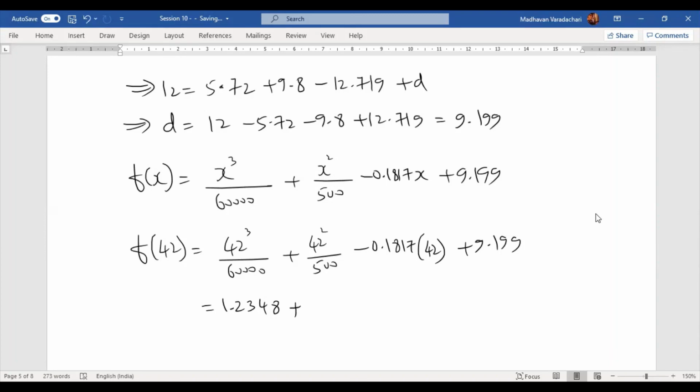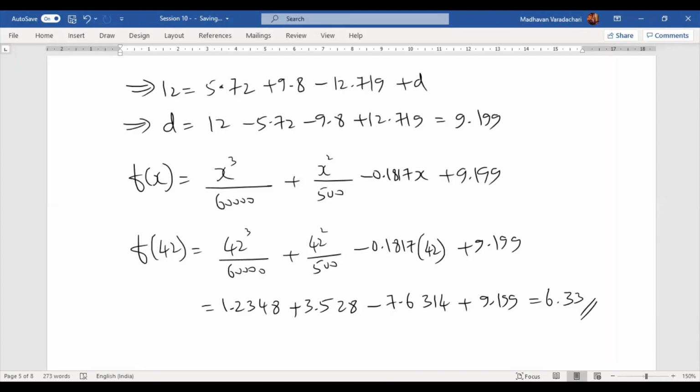This is 42 square divided by 500. That will give you 3.528, minus 0.1817 into 42, it is 7.6314, plus 9.199. Let us evaluate this. We get 6.33. That will be the value.